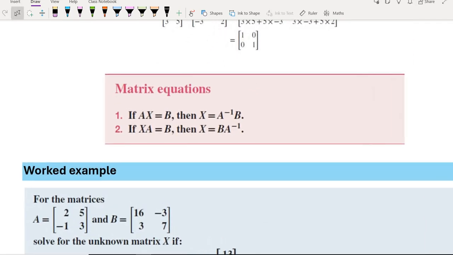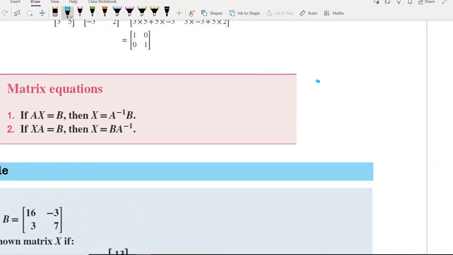If we have A times x equaling B, you might know that in algebra, if ax equals b, to find x you divide both sides by a to have x on its own.